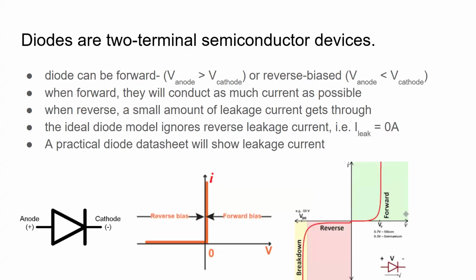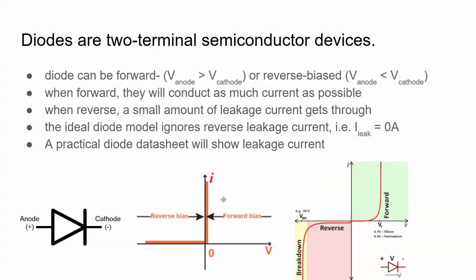So we've looked at diodes before, and diodes are actually two-terminal semiconductor devices, and we've explored the properties of diodes and how they can be forward or reverse biased. Right, so when we have the voltage at the anode greater than that of the cathode, we say it's forward biased. And when the diode is forward biased, it conducts as much current as possible.